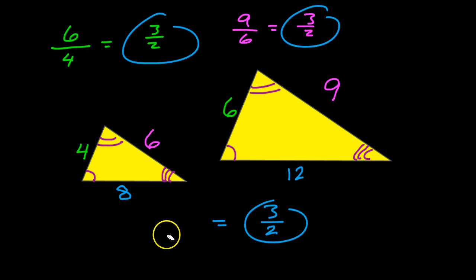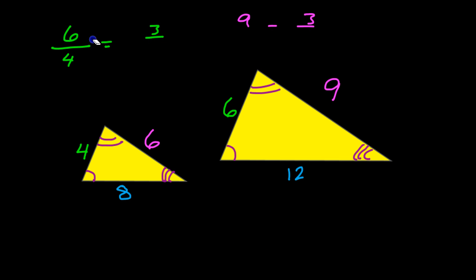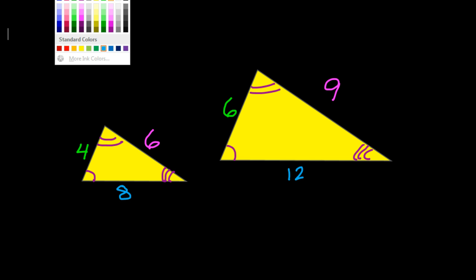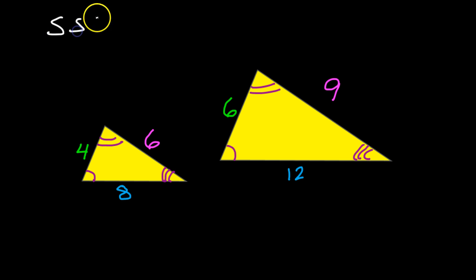Now, when we talk about the two ways to show that triangles are similar, one way is called the side-side-side similarity. Meaning, we don't need all 6 pieces of information. We don't need to know that all 3 pairs of corresponding sides are proportional, and that all the corresponding angles are congruent.